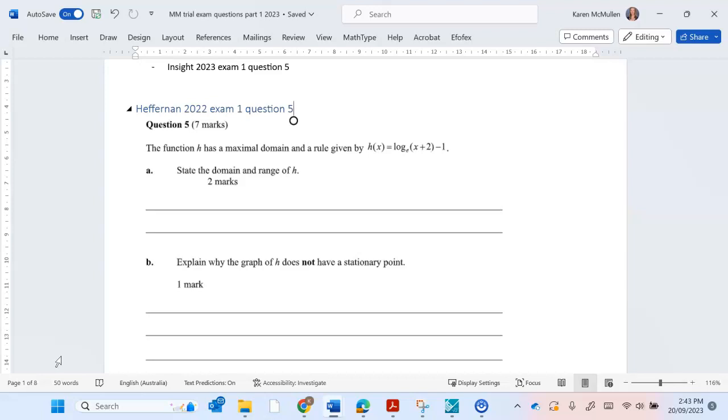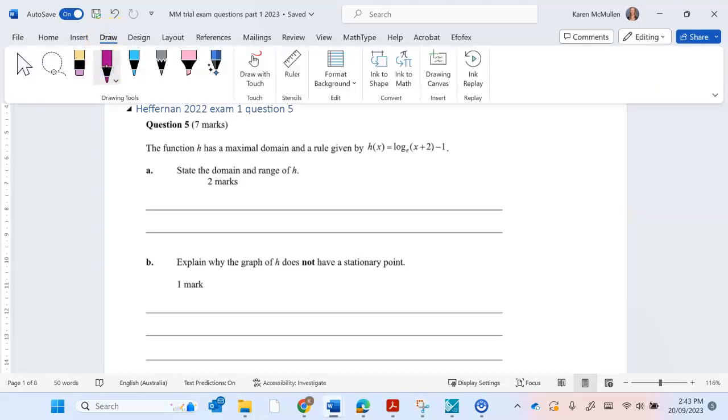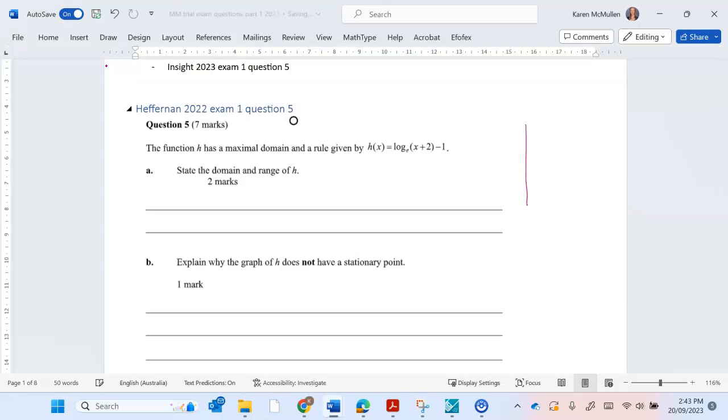Alright, so we've got a log graph. So you really need to understand what your different functions look like when they're graphed. For questions like this, you need to understand how to get the domain and range, or you might have to sketch it. So I always think about, what does a normal log graph look like?